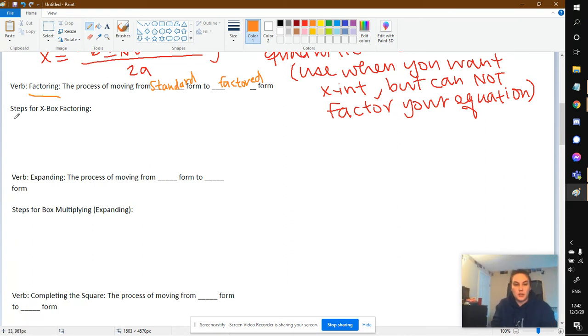The steps for Xbox factoring are: create an X puzzle by putting B in the bottom, A times C in the top, and solving it, right?